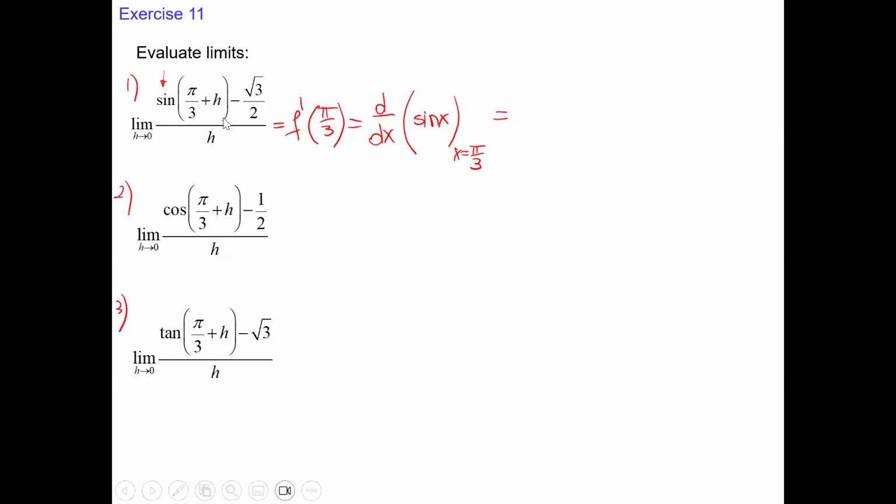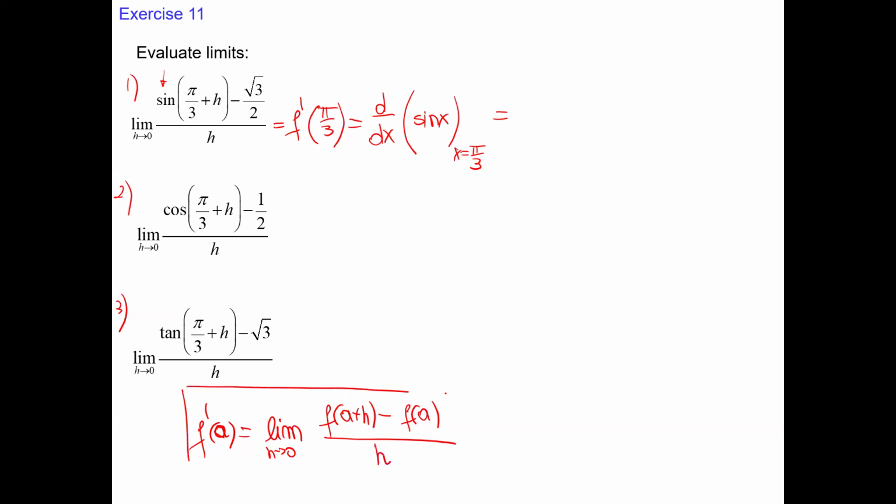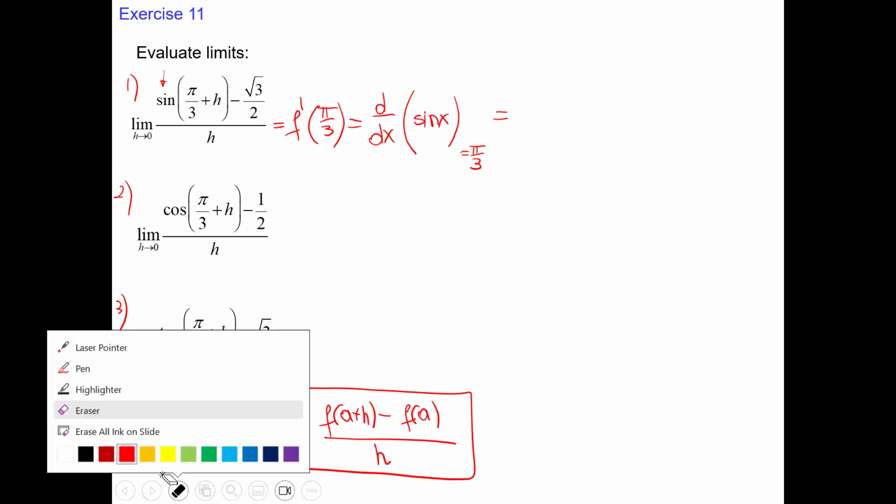Okay, that means we have to recognize that this represents the derivative of the function sine of x at pi over 3. Of course, the definition, let's say at a, of the derivative is the limit as h goes to 0 of f of a plus h minus f of a, all over h. That's what we see, the evaluation for sine, cosine, and tangent.